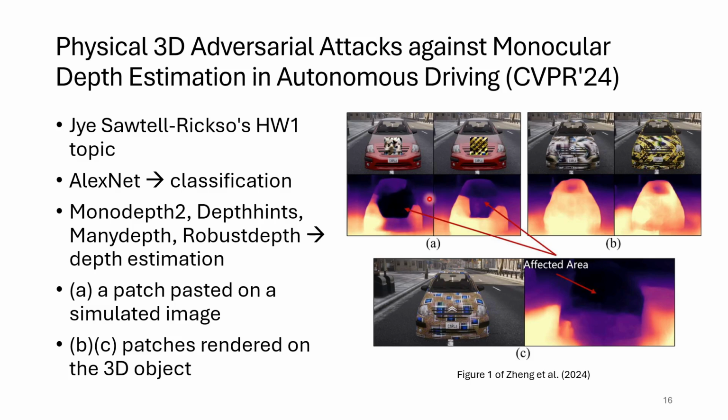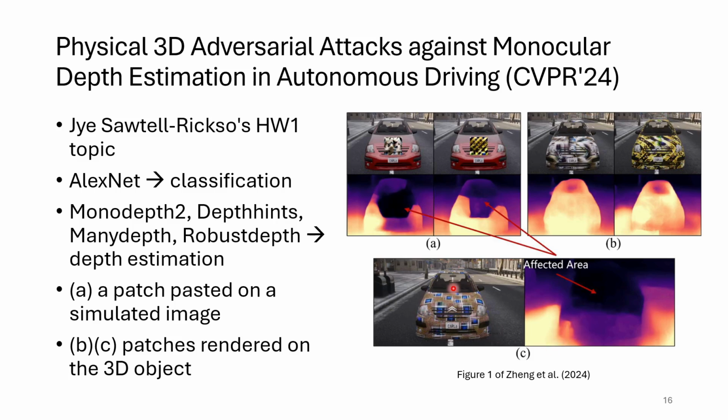However, if they just render those patterns on the 3D object, it doesn't work. Okay, so they want to develop a new algorithm which will work if the patterns are rendered on the 3D objects on the car. So this is their result.